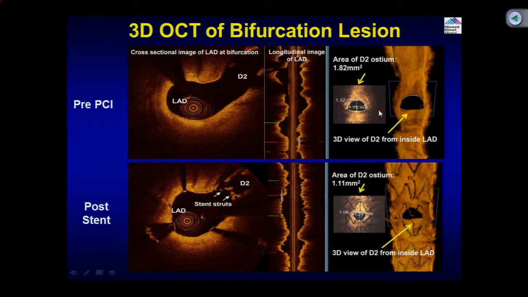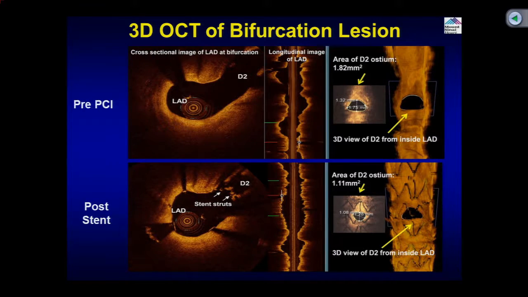This is how your ostium looks before, this is how the ostium looks after. You can see the stent strut that is crossing across, and this is the hazy look that you see after you have stented across a side branch which does not have any disease. And why you get that hazy look is right here, that little plaque shift that has happened, which is covering some of the stent struts that we are seeing.